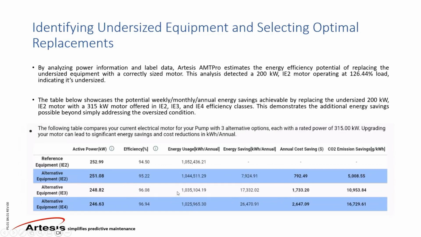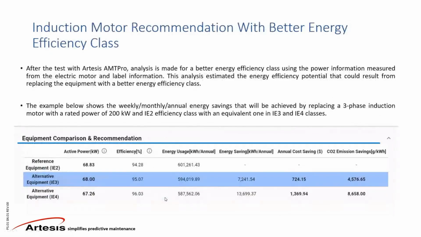Again with the same logic, it will tell you the annual cost savings if you move from your reference equipment to a new motor with proper sizing. And then that new size, of course, will have different energy efficiency classes. And then you will see those calculations made for you here. And then you can make your calculations to have a properly sized motor as well.